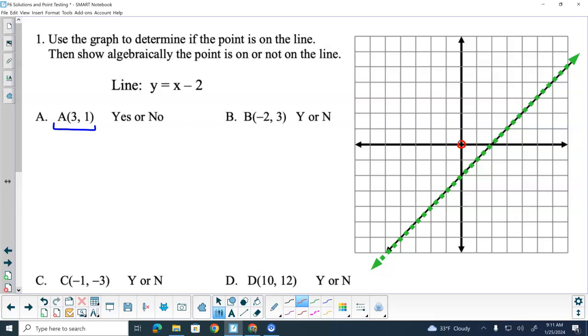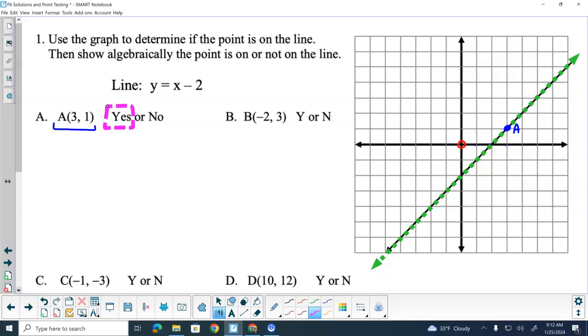Right 3 times, and then up 1. 1, 2, 3, up 1. Is point A on our line? Yes, point A is on our line. We've proved it graphically, because it was there, it was on our line.